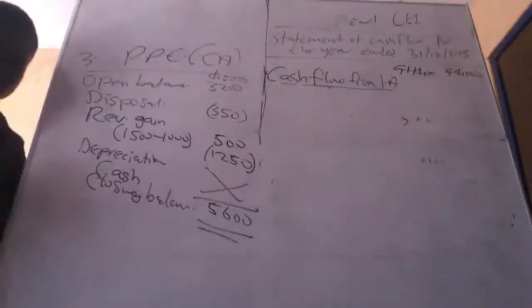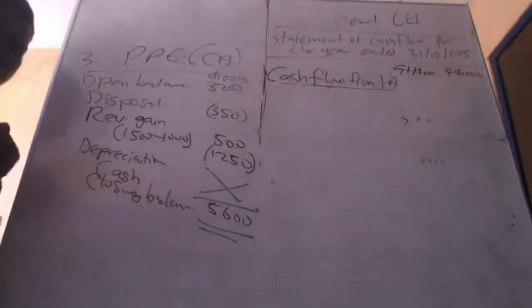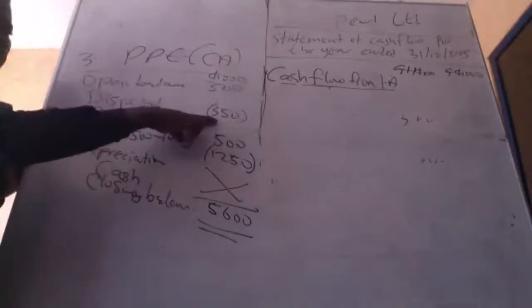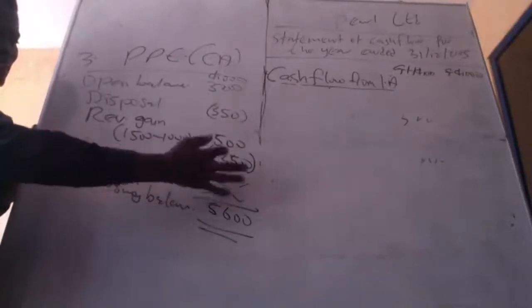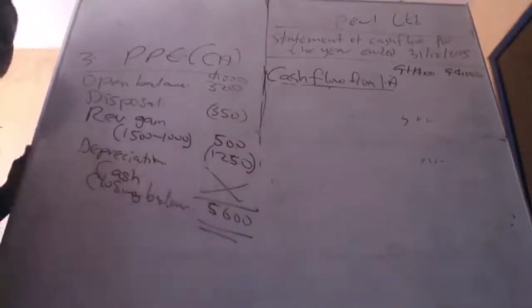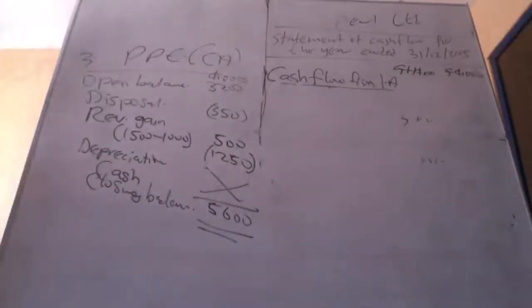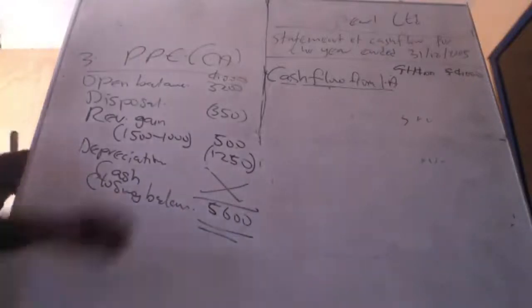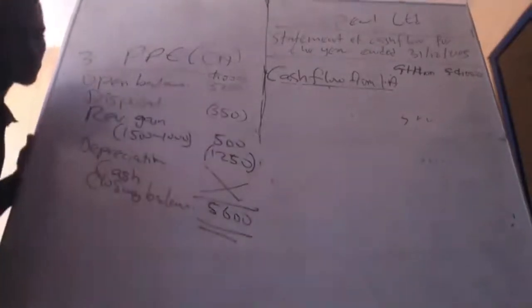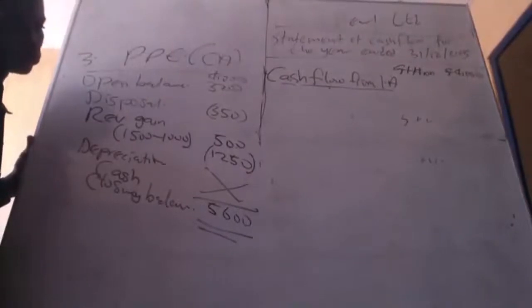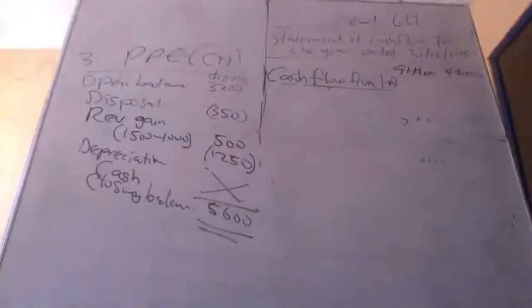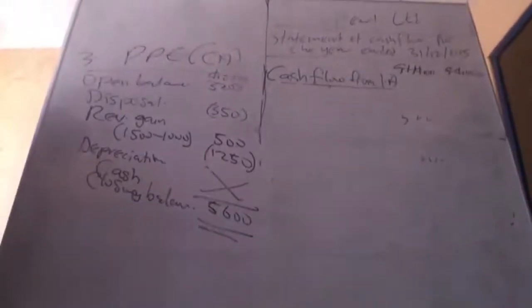Lillian, if the answer is ready, I'll pick them. So 3,200 minus this, plus this, minus this. Answer, then you compare to this before you make the movement. So 350, 3,200. That's 150. 250 plus 150 is 400. Good.